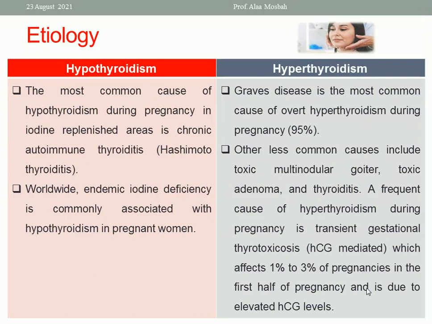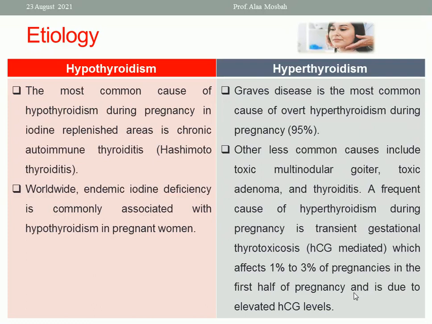Why do we call it gestational thyrotoxicosis? Because it is caused by HCG, and it affects 1 to 3% of pregnancies in the first half of pregnancy, due to elevated HCG level. So I expect a pregnancy with much elevated HCG level to be associated with thyrotoxicosis.